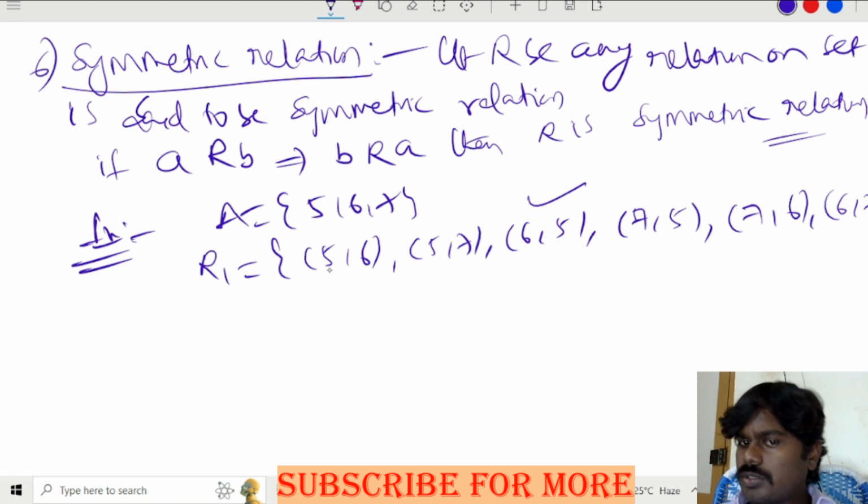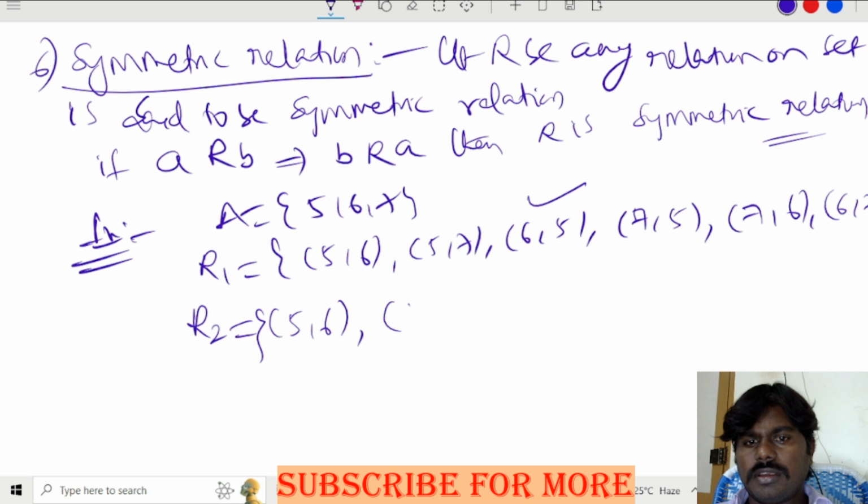Okay, so here we'll see one more relation on the same set A. Suppose here 5 comma 6 and 6 comma 5. Of course it is also a symmetric relation.